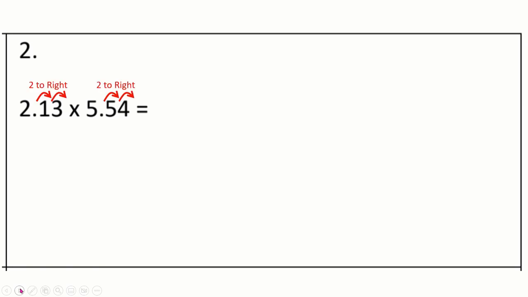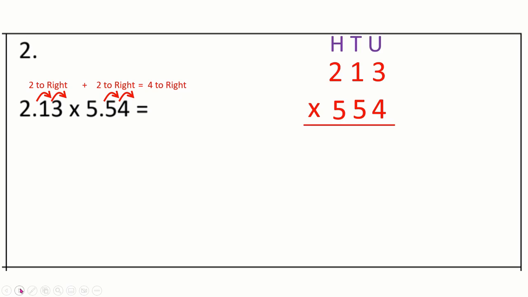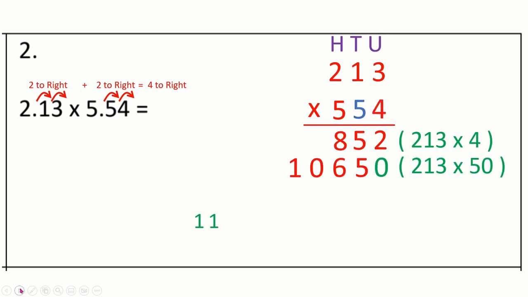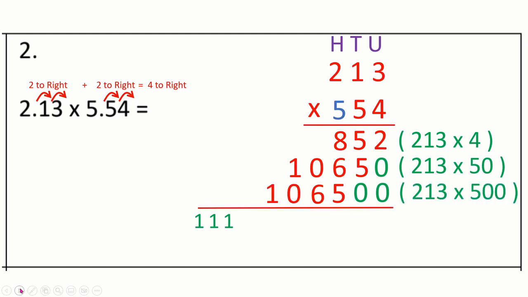2 to the right, 2 to the right is 4 to the right. That means we've made our calculation 10,000 times bigger. You're multiplying a 3-digit number by another 3-digit number. Now calculate this in the normal way. There's your first line, your second line, your third line. Add it together and you get 118,002.